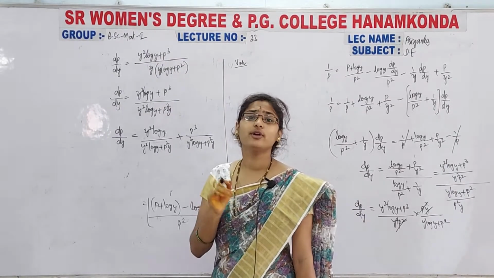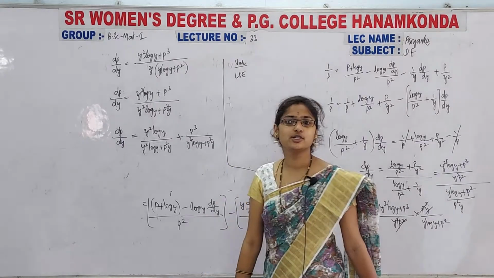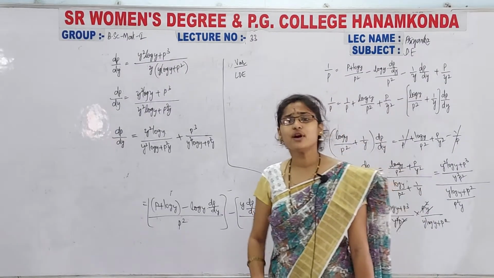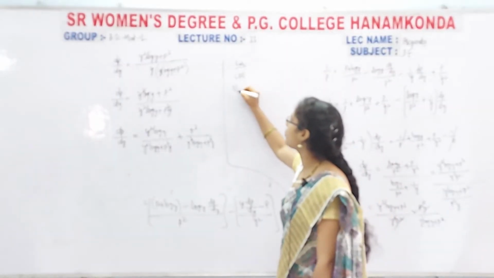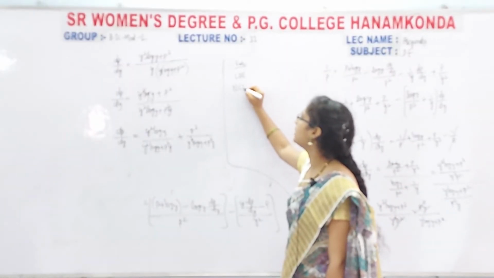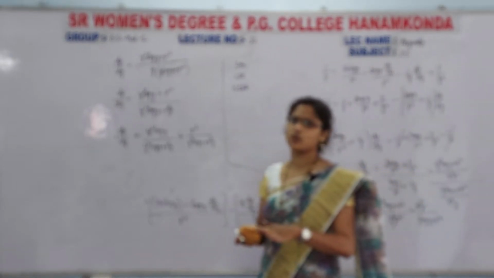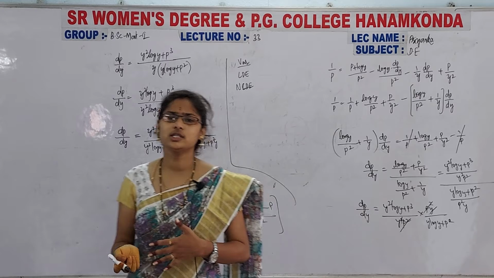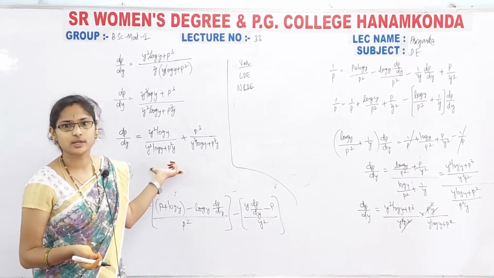If not, then you have to think about linear differential equations. Again, if that doesn't work, we have to go for the non-linear differential equation. By using all these concepts, we can change the required equation to the variable separable method.